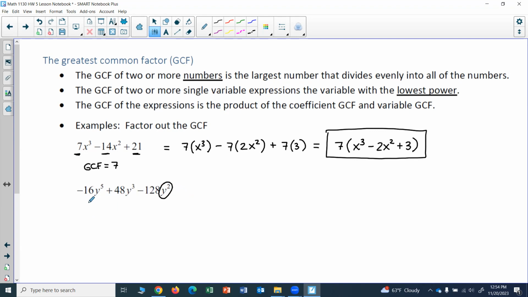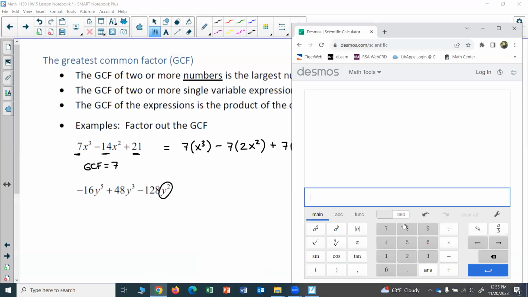And then I can also check, I know 16 goes into itself, 16 goes into 48, and if I wanted to check whether 16 goes into 128, I could use my calculator and do 128 divided by 16. Now, if it didn't go in, then I could try a 4 as my next number. But in this case, 16 worked.